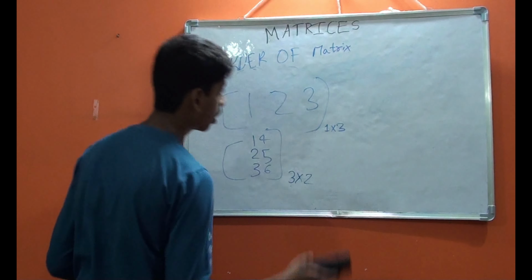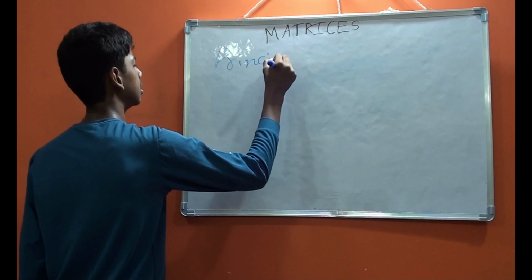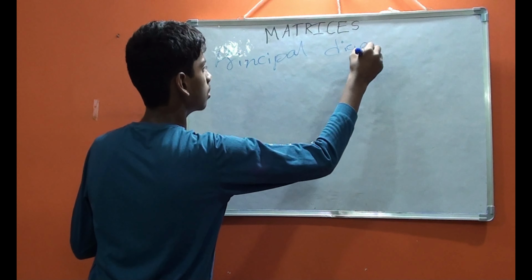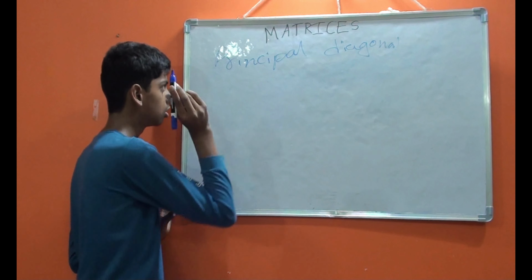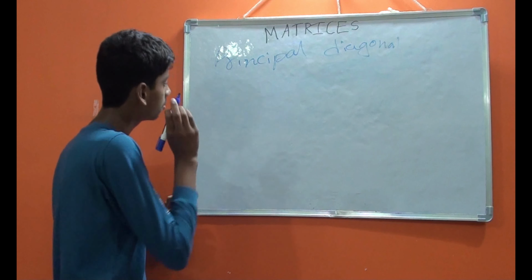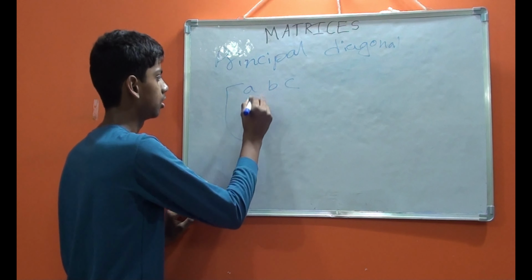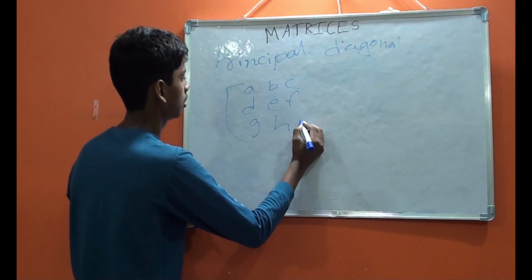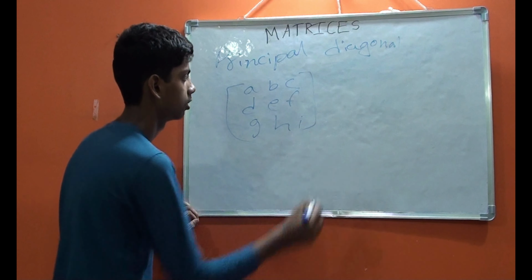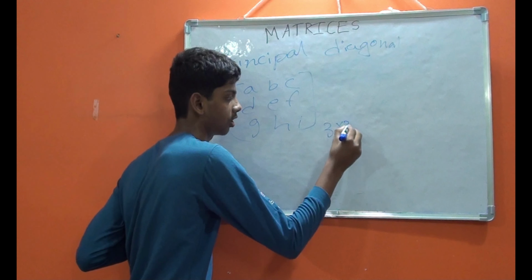Now let's learn about the principal diagonal. So what is the principal diagonal? Let's take a matrix of A, B, C, D, E, F, G, H, I. This is a matrix. Now let's write its order, 3 into 3.